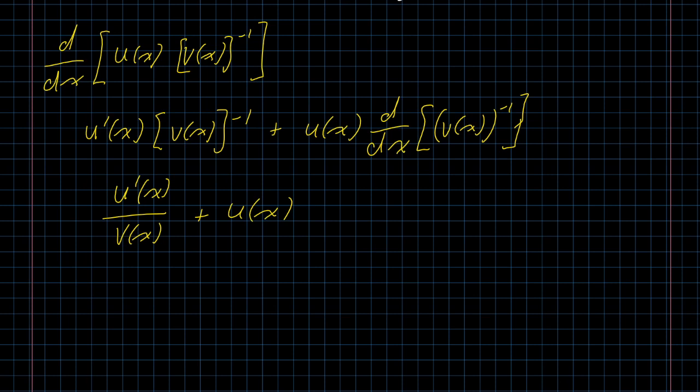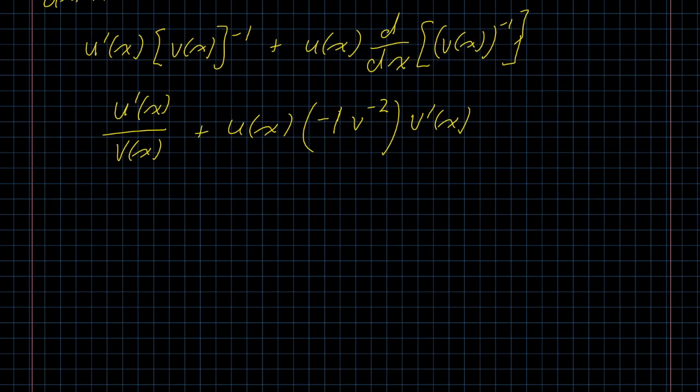All right, so using the power rule, this is going to be -1 times v to the -1 minus 1, which is -2. And I'm suppressing the of x here again just to make the writing a little bit more readable. But then I have to multiply that by the derivative of v of x, which is v prime of x.